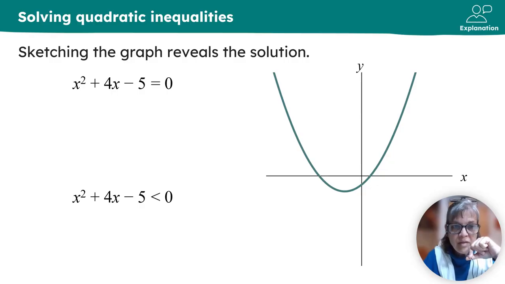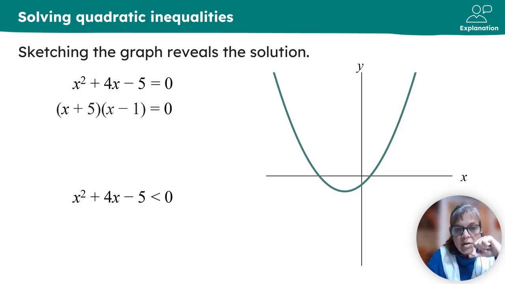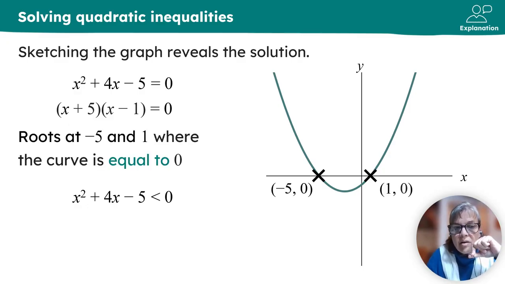For example, if we were going to sketch this graph, then if I'm thinking, okay, where is it below 0? I know that it's that part that dips down underneath, right? And it's a smiling curve. Now, what we find is we come up with these roots at -5 and 1. These are the critical values. This is where the curve is equal to 0.